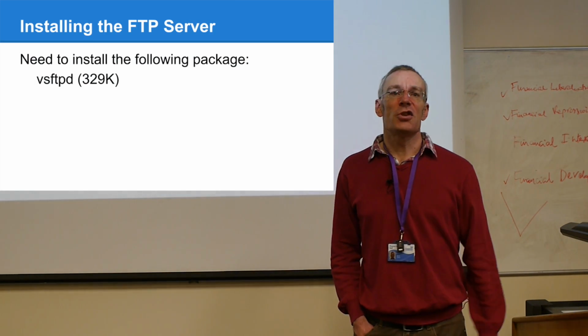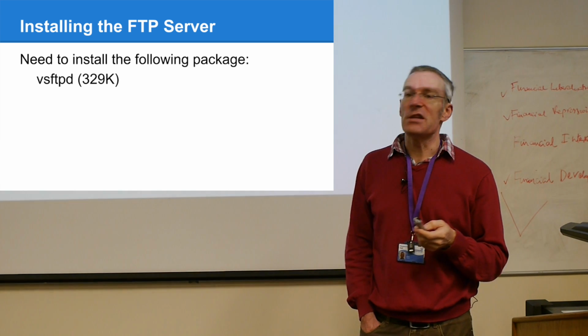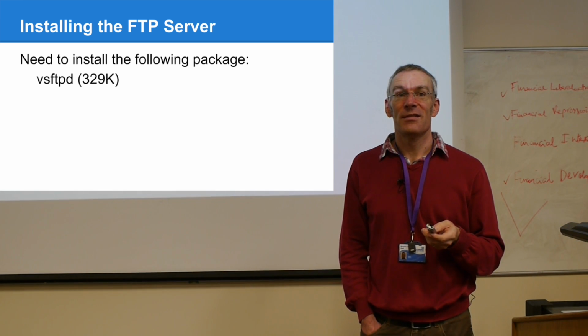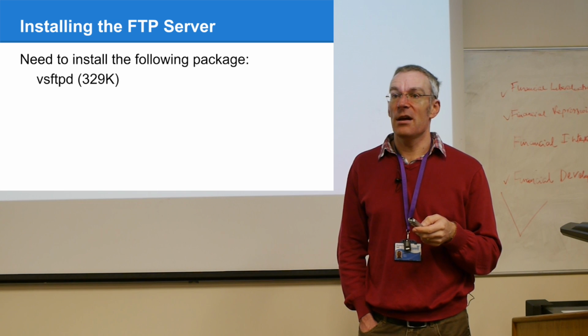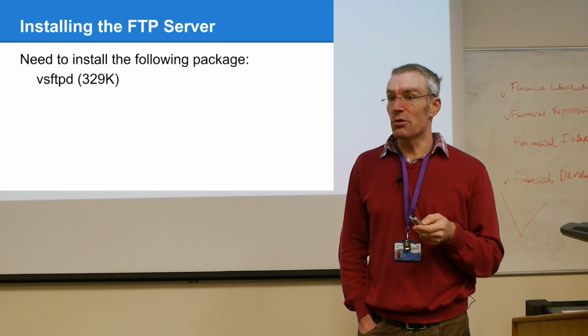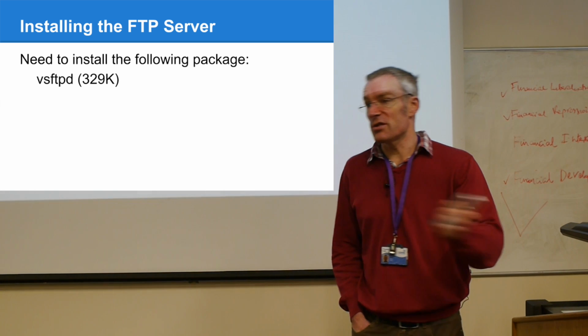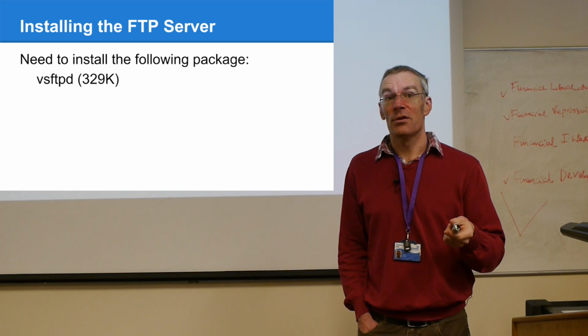There is one package you have to install to get this to work. And the package is called vsftpd, which stands for Very Secure FTP Daemon. And the reason it's called Very Secure is because it uses SFTP. When you install it, you don't connect using FTP, which is unsecure and not encrypted. You connect using FTP over Secure Shell.